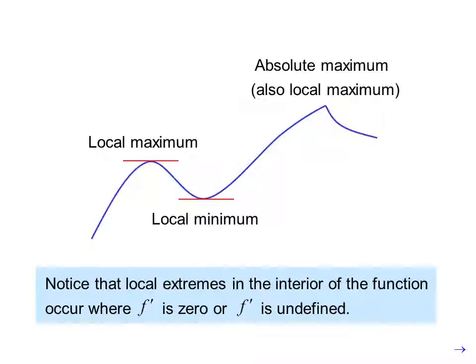So we see there f prime is 0, and the slope is 0.